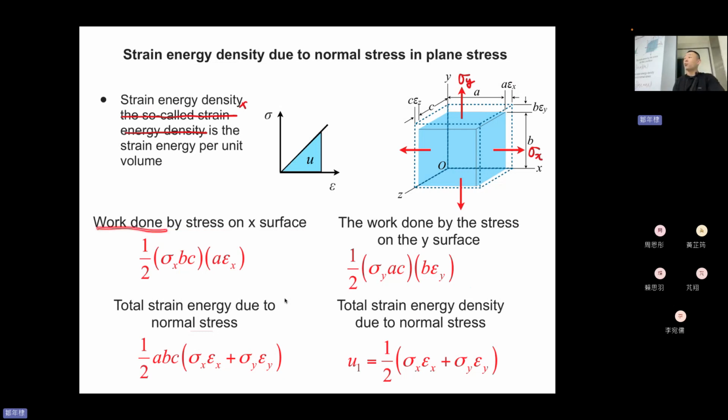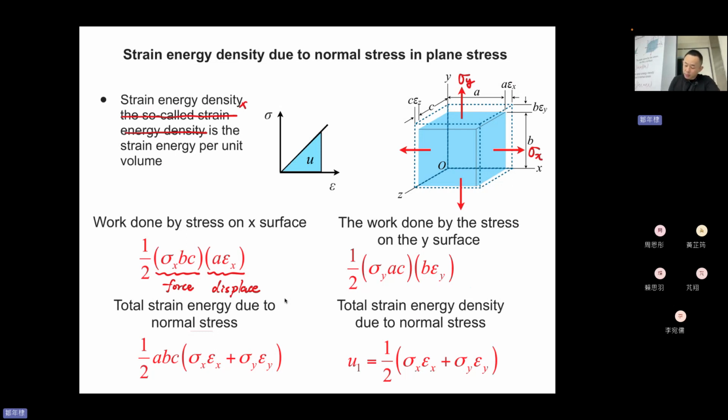Work done means the force times the displacement, right? So this is force, and this is displacement. So force times displacement, and then multiplied by half, which gives the work, right?